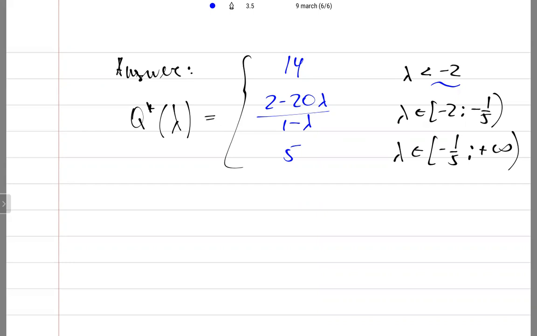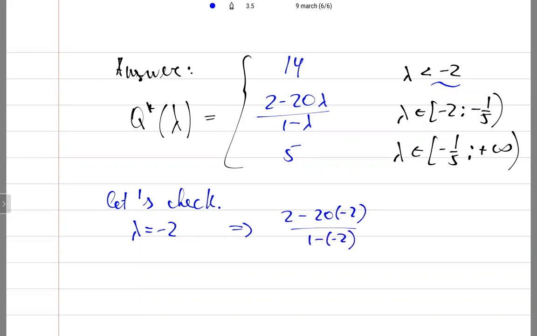Then let's check if lambda is -2. Then 2 minus 20 times -2 over 1 minus -2 is 62 divided by, oops, something is wrong. 42 divided by 3, and that's okay. That's 14.